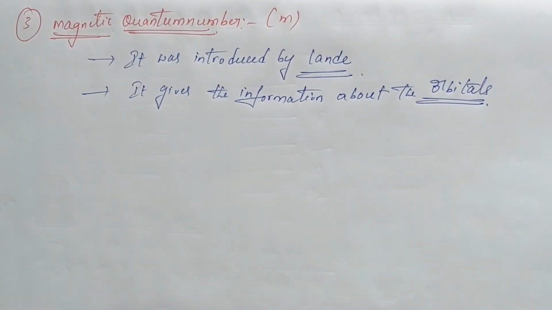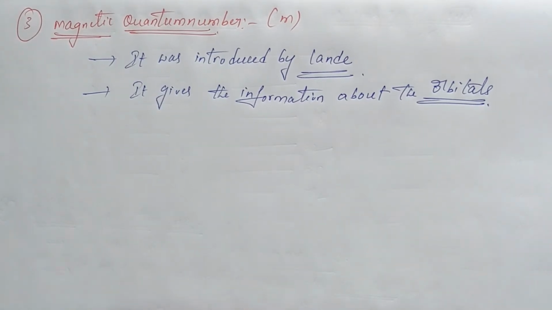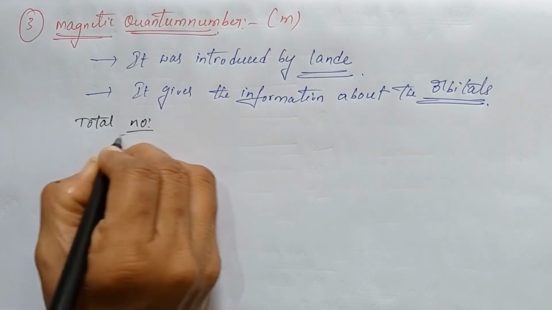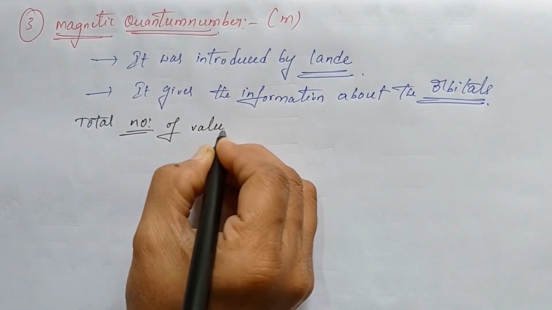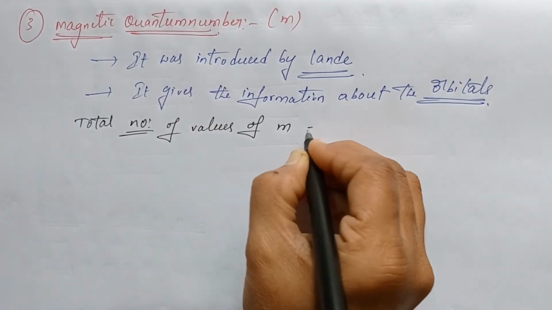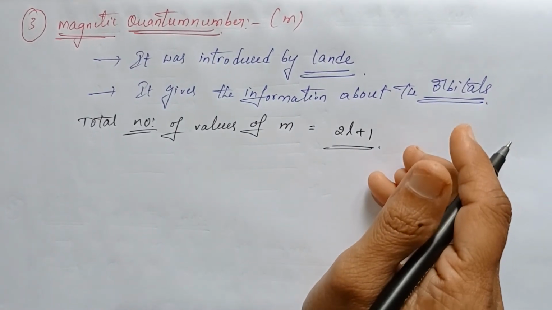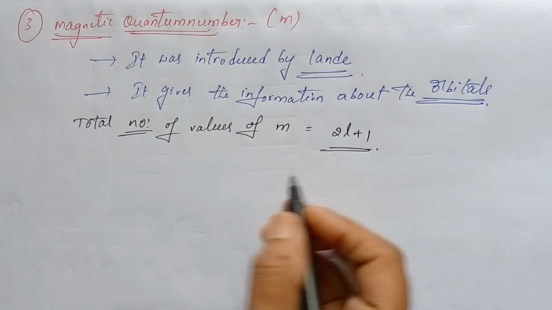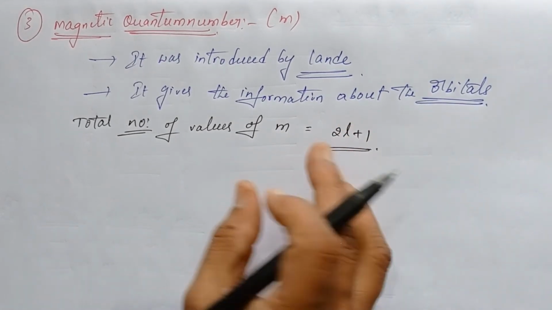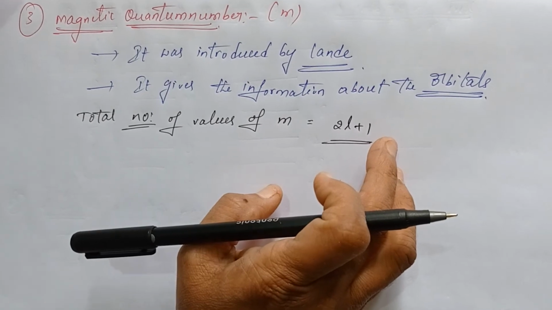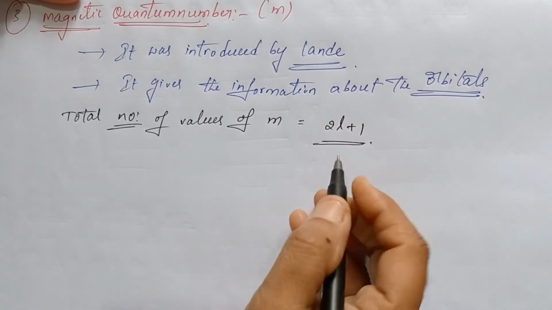So the total number of values of m is equal to the formula 2l plus 1. Understanding, students? And the l values range is here. So the m values: the total number of values of m is equal to 2l plus 1.